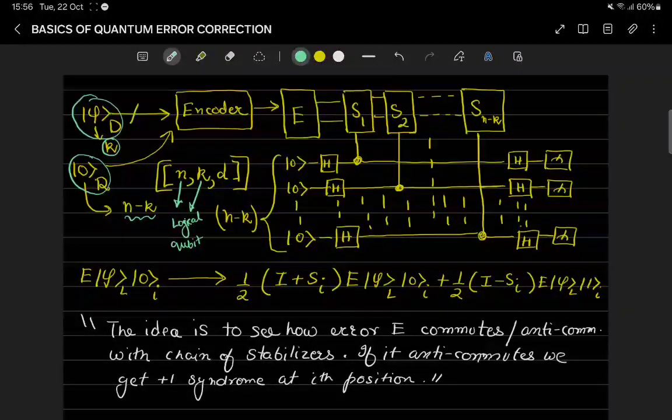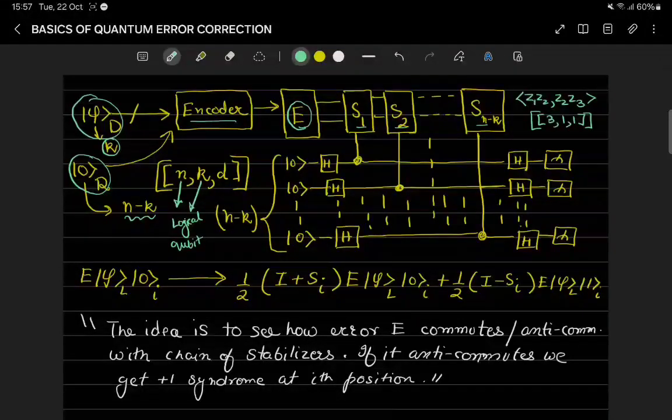So I have an encoder, and then I have an error channel which is shown by E, and then I have a set of stabilizers. So these for example can be Z1 Z2 and Z2 Z3 for the case of bit flip error, which we saw as the 3-1-1 code, or it can be other various stabilizers that we saw, but there are a lot of them, so we are trying to generalize the circuit.